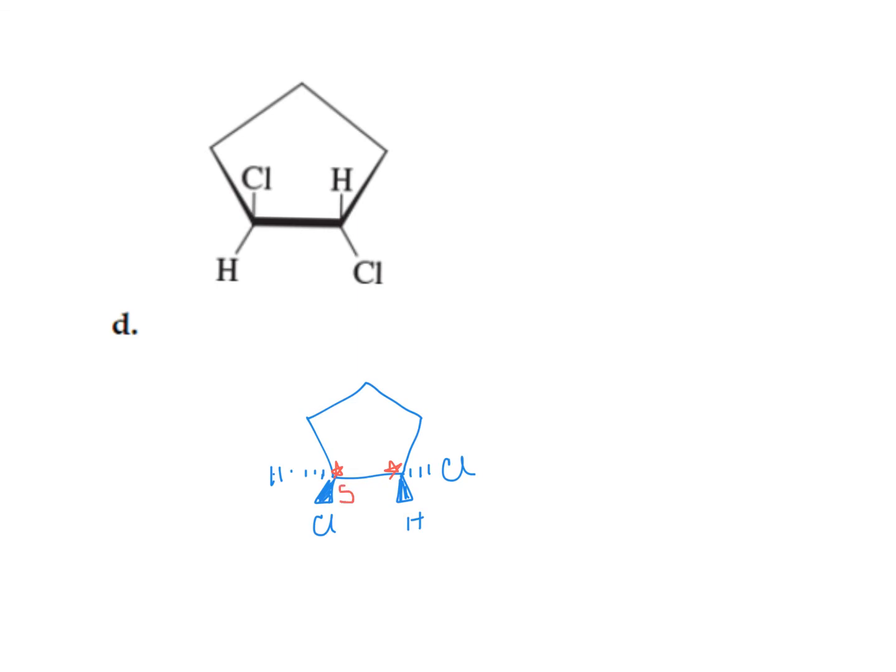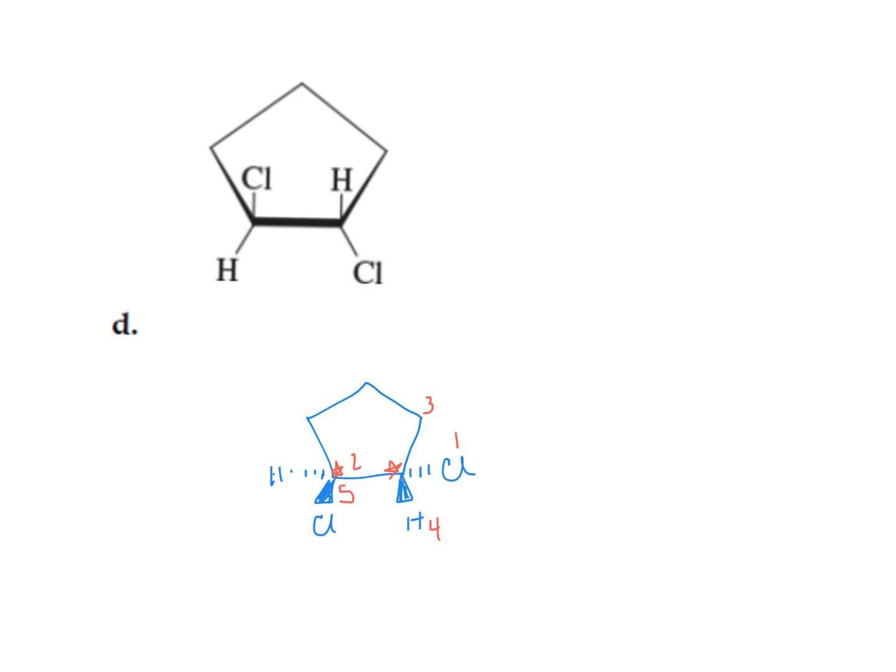Now we need to assign the other group. Chlorine is still the number 1. This is the number 2. This is the number 3, and hydrogen's the number 4. However, hydrogen is not going back, it's coming out. Since hydrogen is on a wedge, what we're going to do is get our answer and then flip our answer.